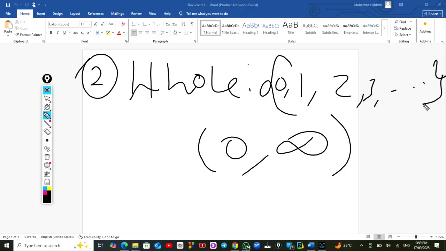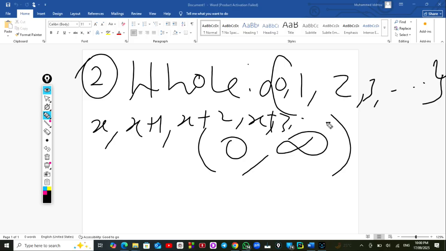It's just a set with a difference. I have my first whole number as x, then the next one will be x plus 1, x plus 2, x plus 3, and consecutive numbers up to infinity.